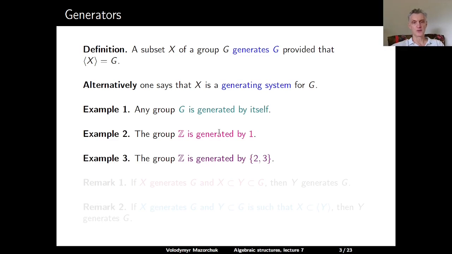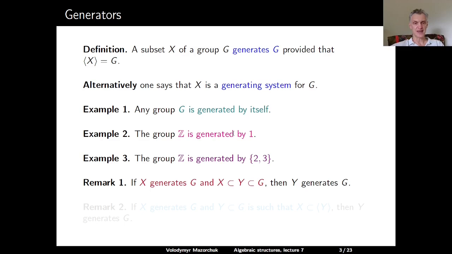Similarly, the group Z is also generated by 2 and 3. So if we take the subgroup of Z generated by 2 and 3, it must contain 3 minus 2, which is 1, and then it must contain the whole group of integers, because of the previous example. So in general, two remarks.